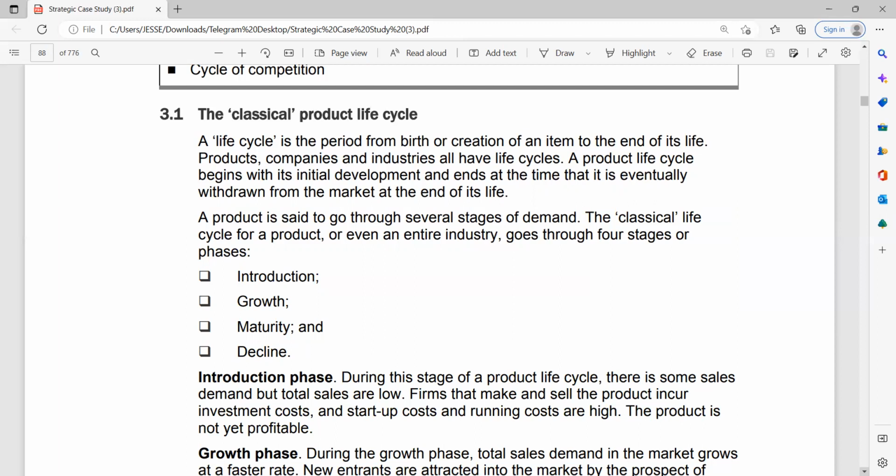A human being is born, grows, gets old, and passes away. So the life cycle is the same in that regard. And for now, what you need to know is that there are 4 phases of that life cycle. There's the introduction phase, there's the growth phase, there is the maturity phase, and there's the decline phase, right?